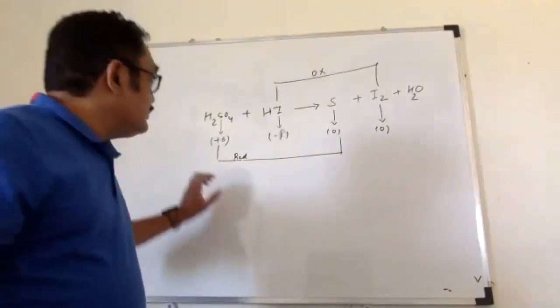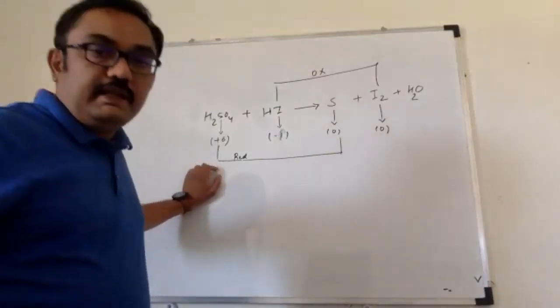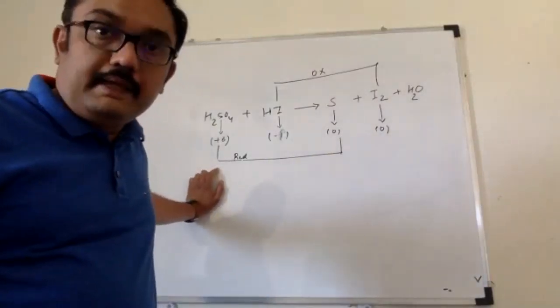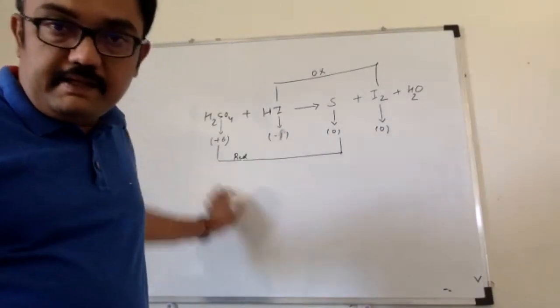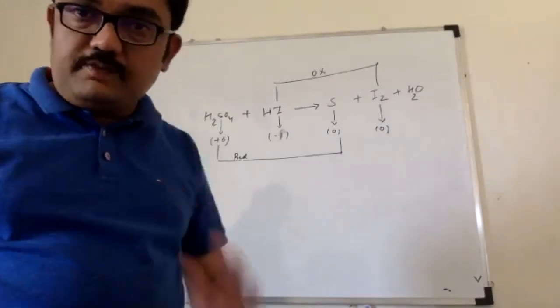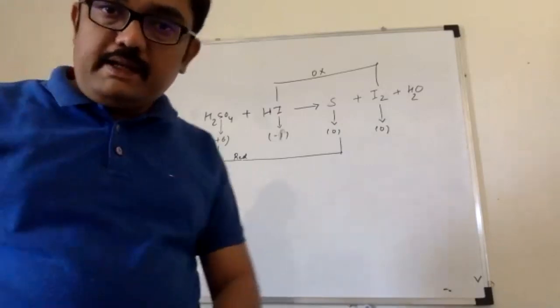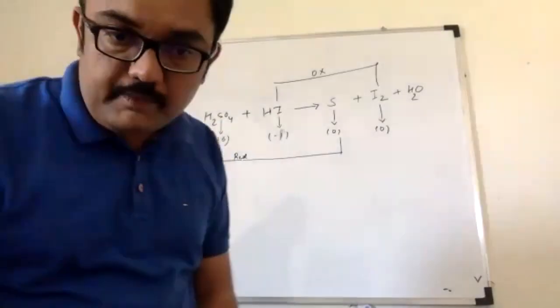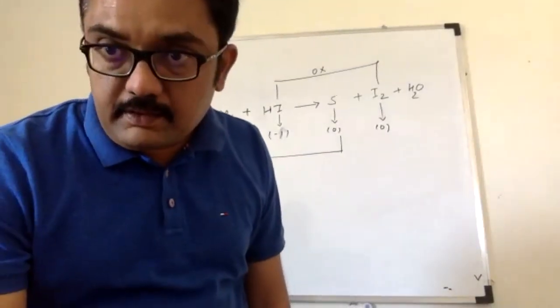Is this clear? So if I see in the reduction half, the sulfur atoms are balanced. Left hand side there is one sulfur atom and the right hand side there is one sulfur atom. Both sides the number of sulfur atoms are the same. So they are balanced.